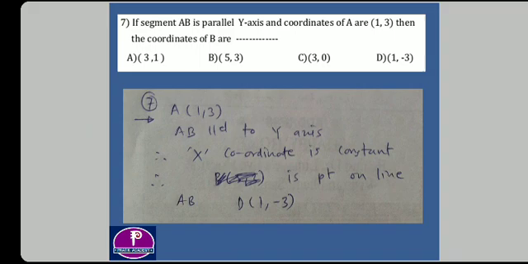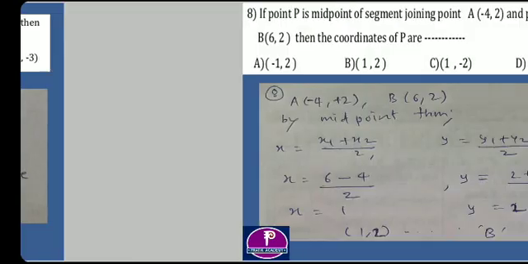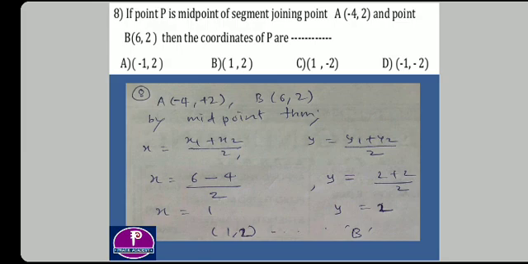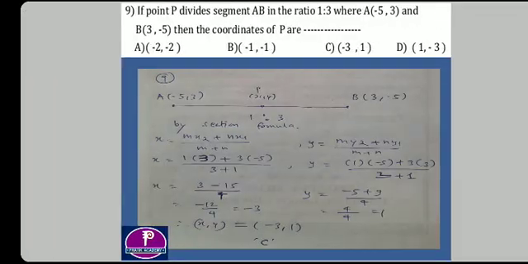If we see carefully, in option D, the x coordinate is remaining constant. So the coordinates of point B will be (1, -3). So option D is the correct one. If point P is the midpoint of the segment joining A and B, then the coordinates of point P are, okay, as P is the midpoint, so use the midpoint theorem, we get coordinates as (1, 2). So option B is the correct one.